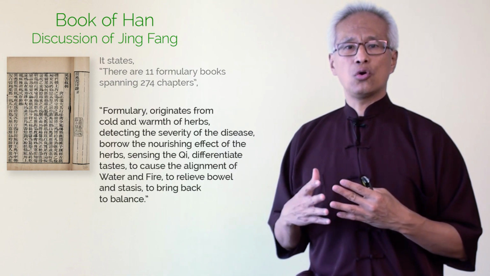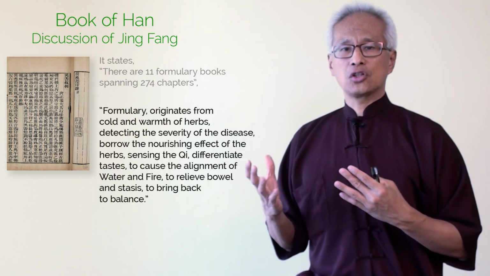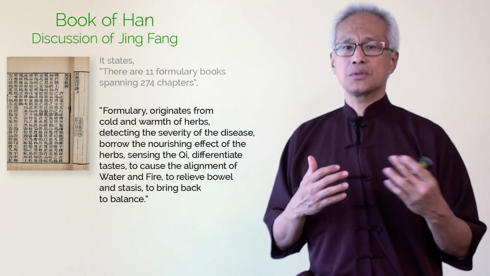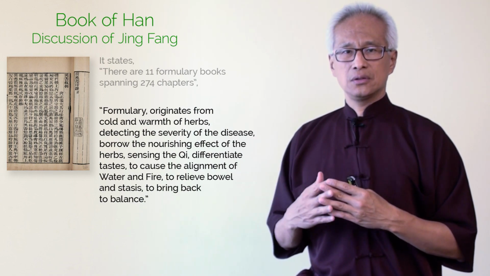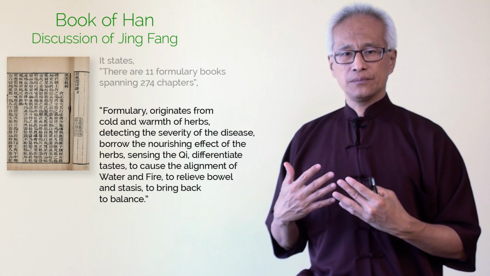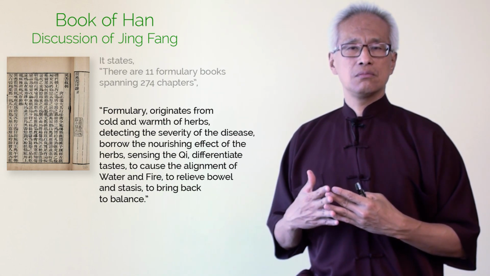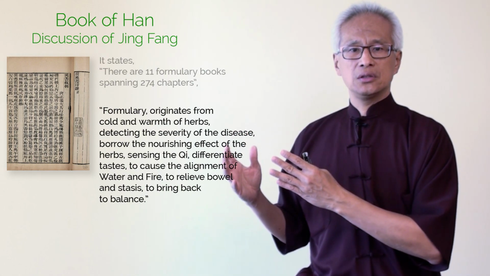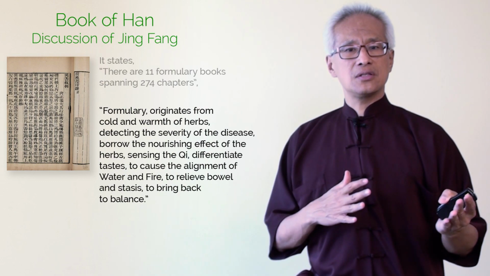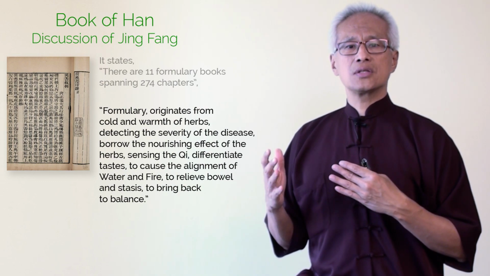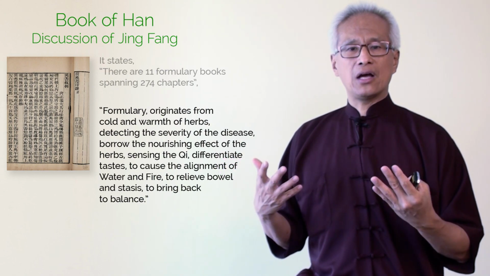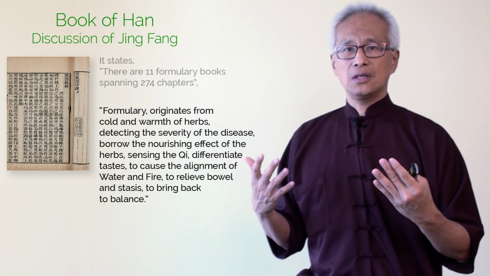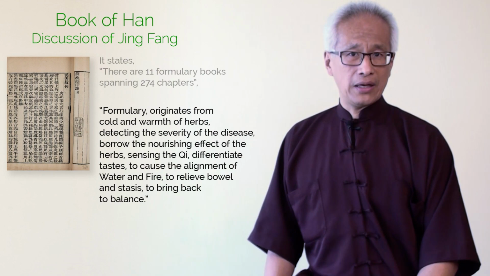And formulary originates really from the cold and warmth of herbs, detects the severity of the disease, borrows the nourishing effect of the herbs, senses the qi that differentiates the taste, to cause the alignment of water and fire, to relieve bowel and stasis, and not the least to bring back to balance.